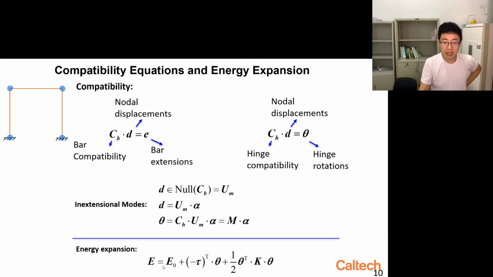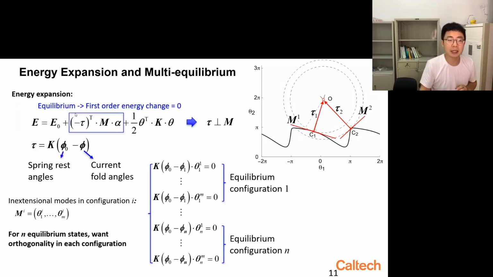And also we have the energy. Once you move, your energy is changing. How is it changing? Then we put these two together, the energy and the kinematics, and we can write them into one formula. We can identify here's the first order energy variation, which should be zero if we want it to be in equilibrium.